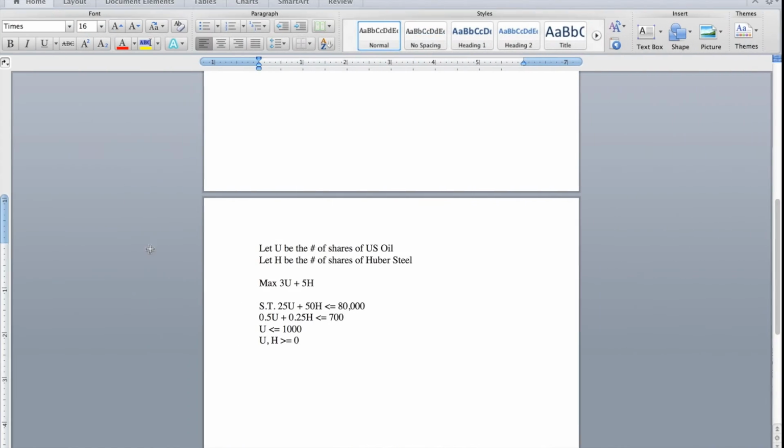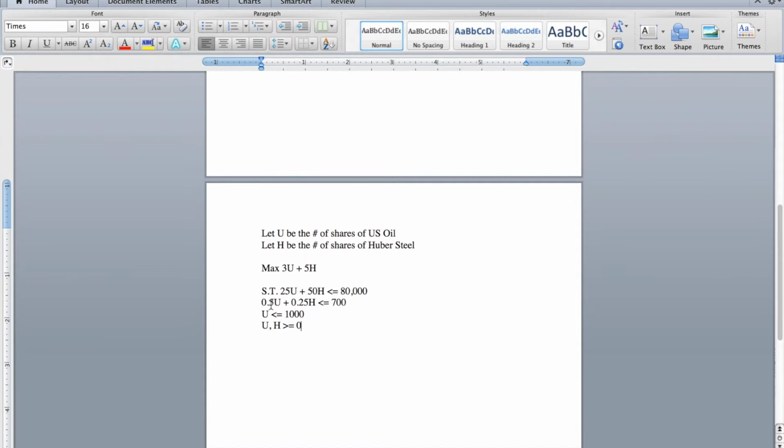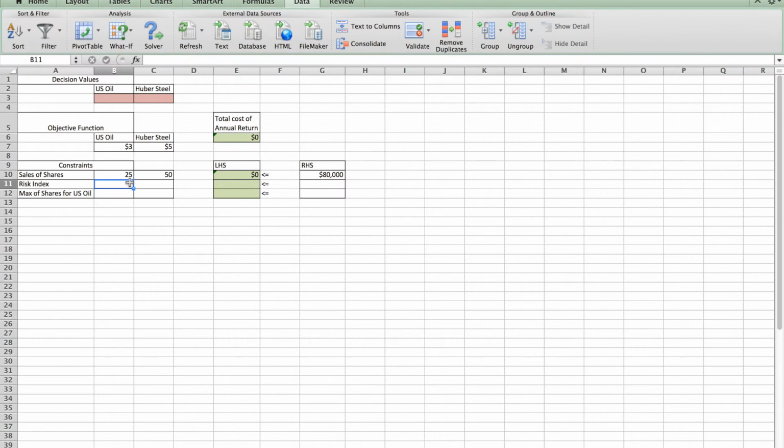And now we're going to do the same for the rest of the constraints. So 0.5U plus 0.25H is less than or equal to 700. So we're going to put 0.5, 0.25, and our maximum is 700. And since we're going to use the same formula, we're going to drag it down.